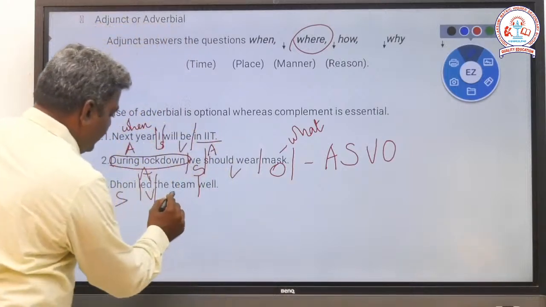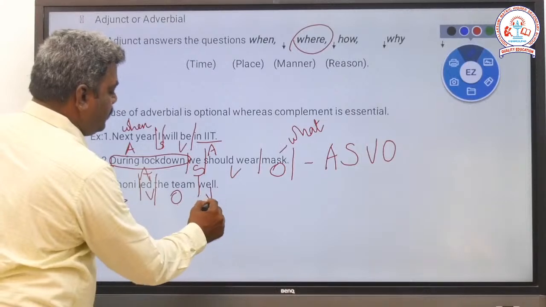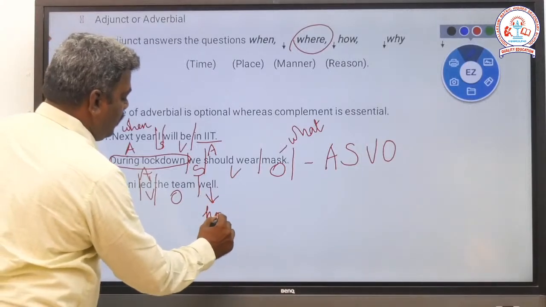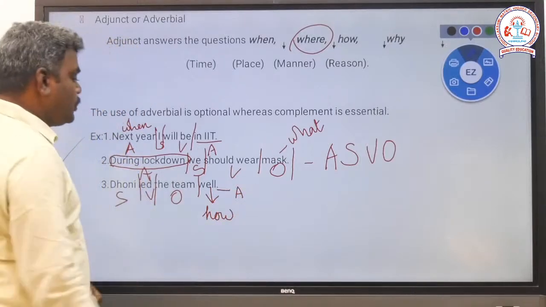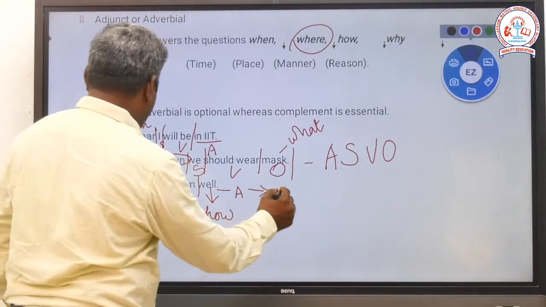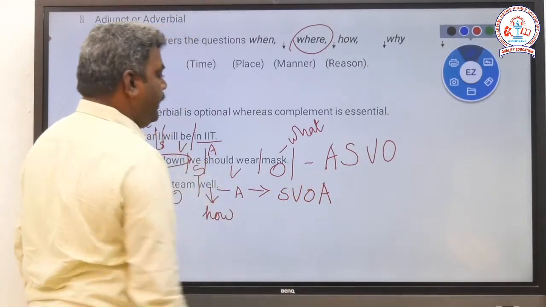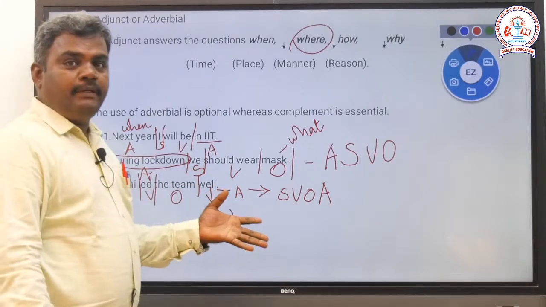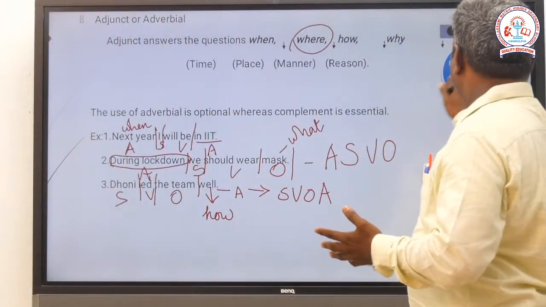The team. So we can write object. Well, it indicates how. So that is A. So the pattern of the sentence is S, V, O, A. Very, very simple.